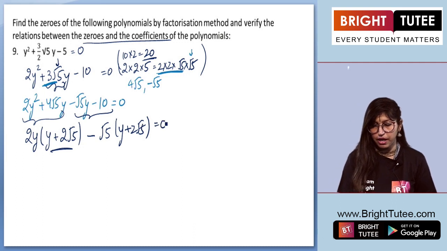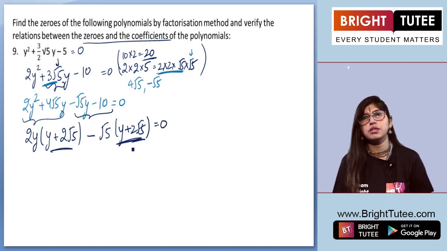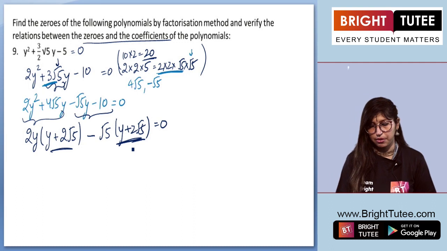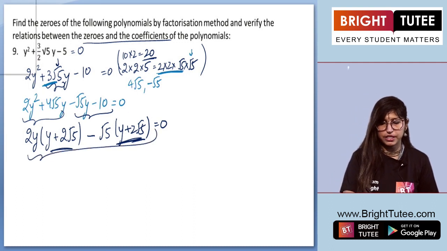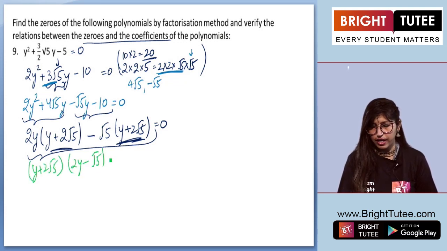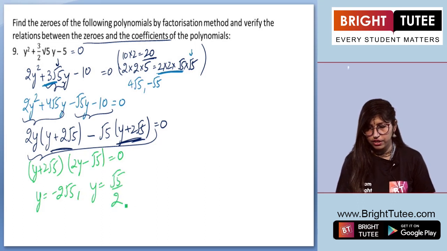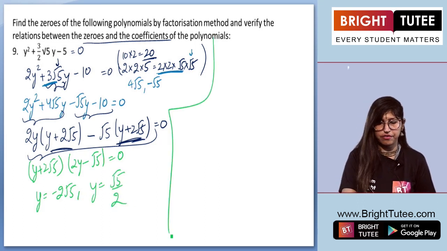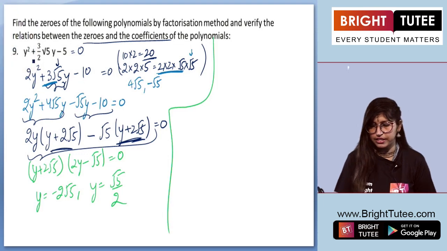We need to keep in mind that we need these two terms exactly the same, so that out of these four, we can take this common again. So we'll be taking y plus 2 root 5 common and 2y minus root 5 as another product. So one zero is minus 2 root 5 and the second zero is root 5 by 2. Now let's verify things as we need to verify it as well.